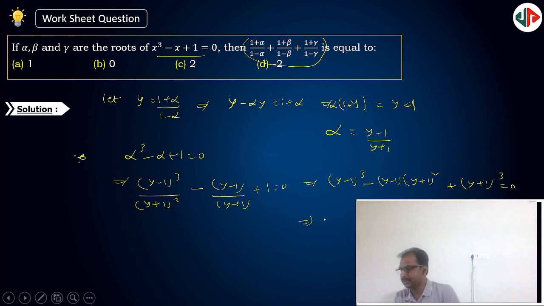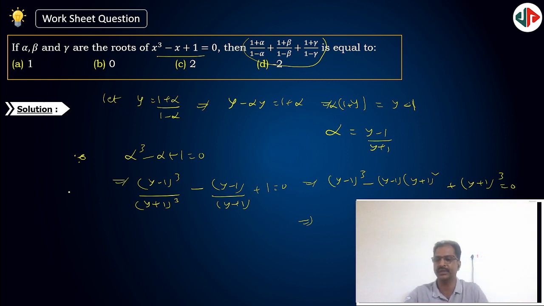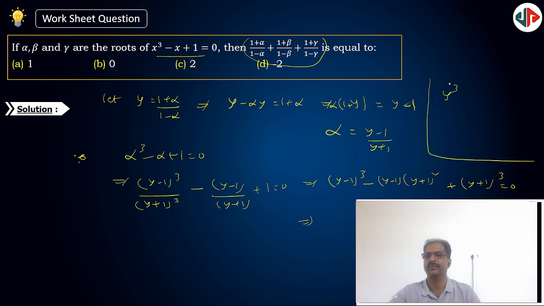Expand all the terms, and you will get a cubic equation in y. That cubic equation in y will be like this: y cube minus y square plus 7y is equal to 0.